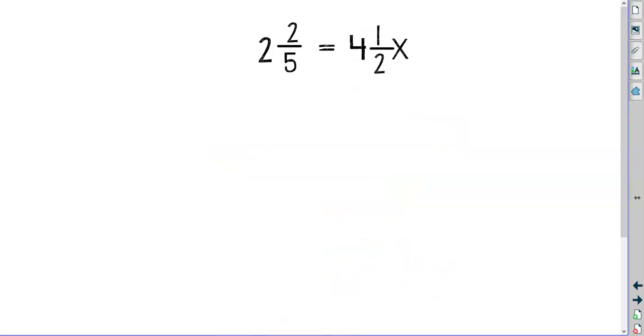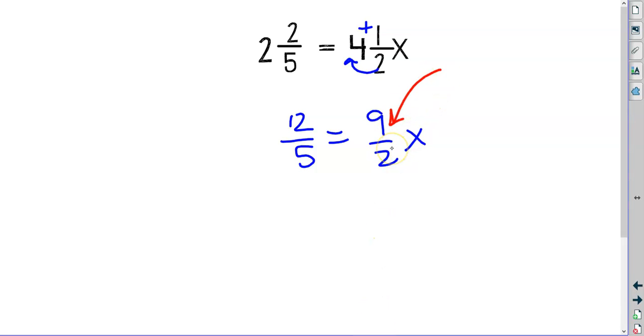One last problem. 2 2/5 equals 4 1/2 x. Again, no mixed numbers as a coefficient. Convert these to improper fractions by multiplying the denominator times the unit and adding the numerator. Now remember, find your variable, and that's the fraction you're going to flip. So multiply by the reciprocal of the coefficient, not the reciprocal of the answer.